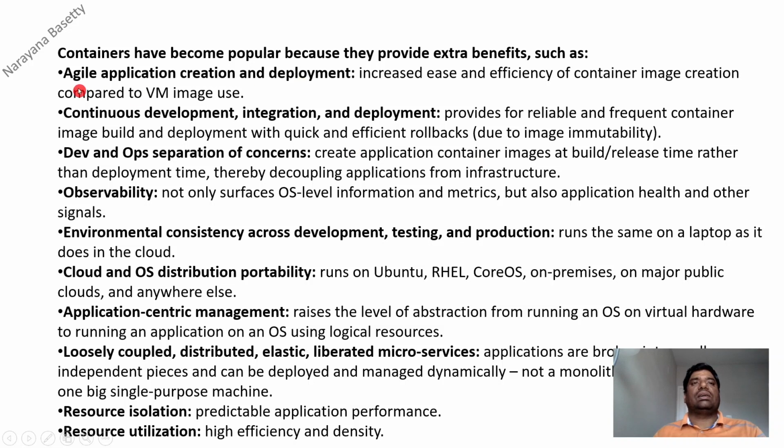If you look at it here, agile application creation and deployment, increased ease and efficiency of container image creation compared to virtual image use. That means you can build a virtual machine, or you can build a container, which is the easiest process. Virtual machine means you have to create a virtual machine, create the RAM, operating system, install all these things.